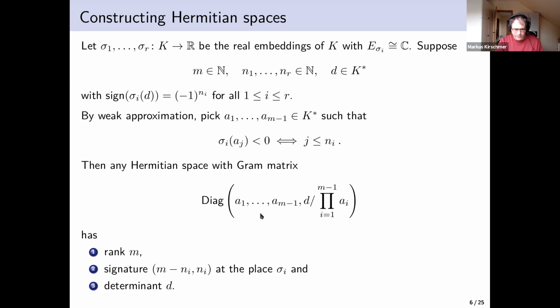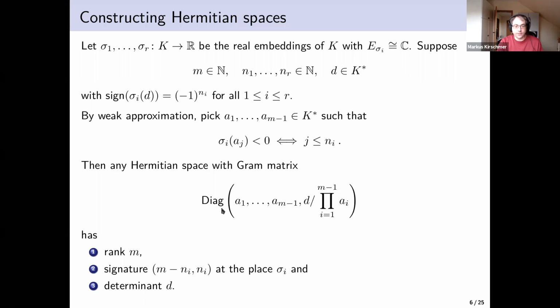And then you just have to make sure that the entries on the diagonal at the ith real place have the correct sign. So if you give me, say, the signature, you want n_i to be the number of negative entries at the place i. Well, okay, I make sure that the first n_i elements have sign -1 at the ith place.